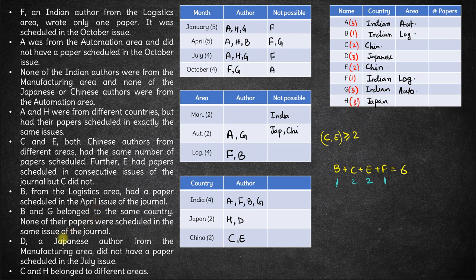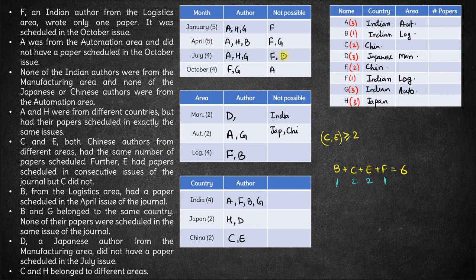Next, D, a Japanese author. This we have already figured out. This was really not required, but fine. D, a Japanese author from the manufacturing area. So D is from manufacturing. D did not have a paper scheduled in July. So D does not publish in July, but D publishes 3 papers, and can publish only 1 paper in each issue.